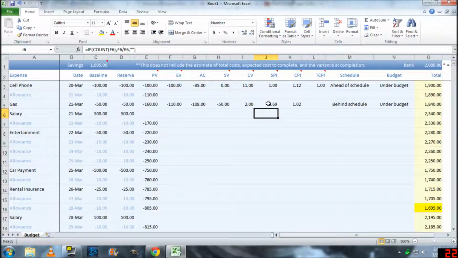This is less than 1, so that means I'm behind schedule. Now, the cost performance index is more than 1. The formula for that is earned value divided by actual cost. Since it is more than 1, that means you're under budget. You're actually doing good.